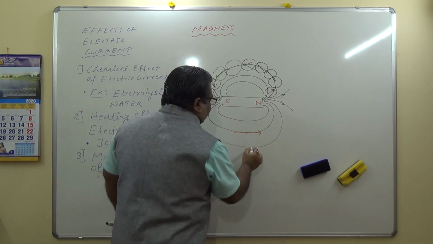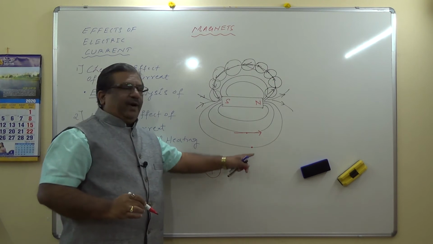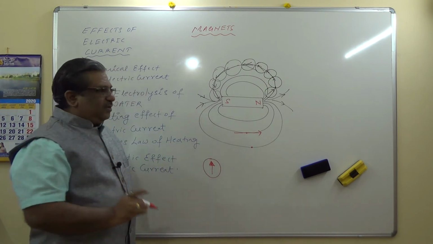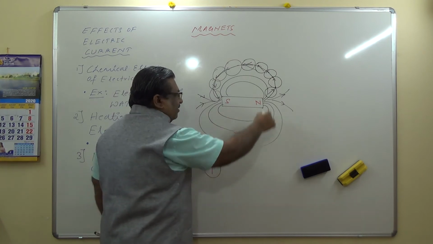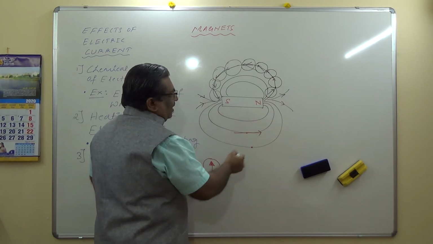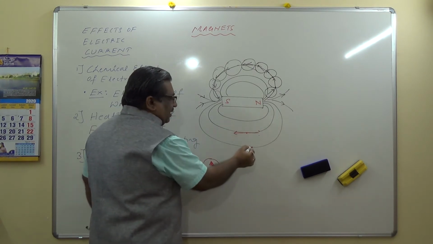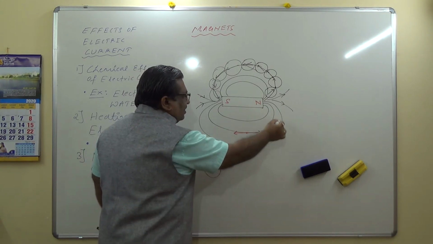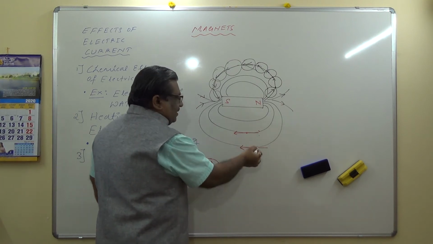Meaning if I ask you to find out the direction of the field line at this point, you must know that the direction of the magnetic field line at this point is not this way or this way. The direction at this point is tangent to this curve, like this. This is a tangent here.